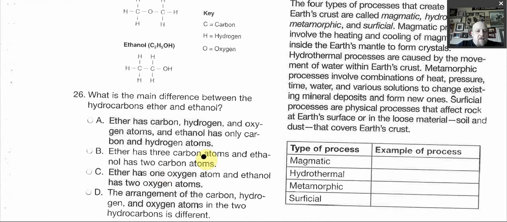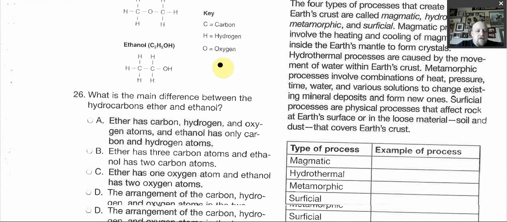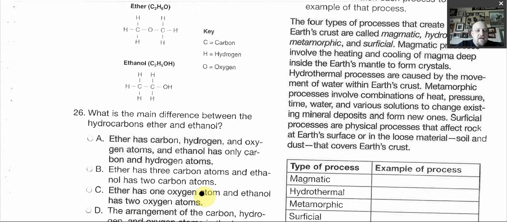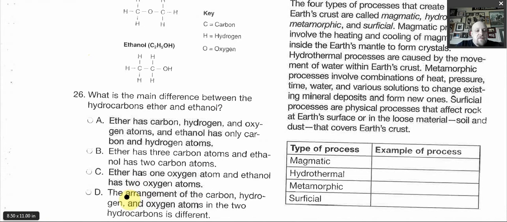Ether has 3 carbon atoms and ethanol has 2 carbon atoms. Nope, also incorrect. Ether has 1 oxygen atom and ethanol has 2 oxygen atoms. Incorrect. And then the arrangement of the carbon, hydrogen, and oxygen atoms in the 2 hydrocarbons is different.